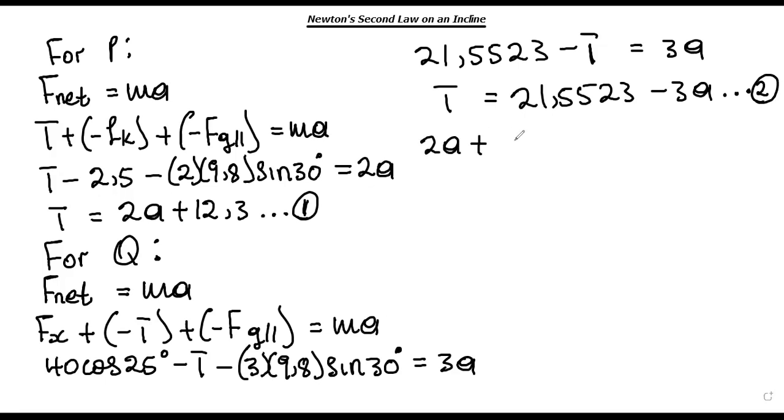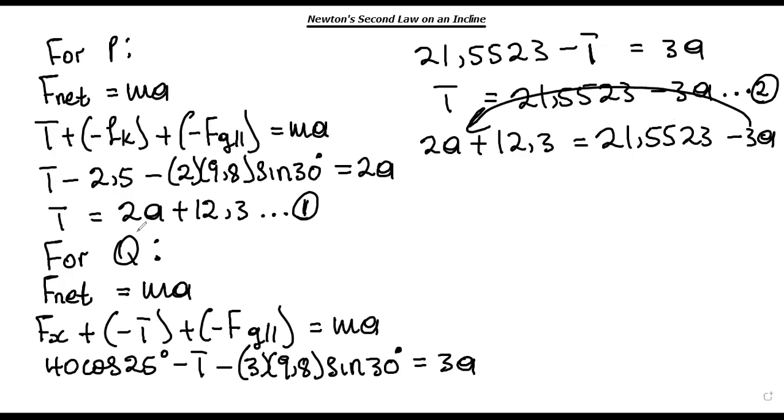So you say 2a plus 12.3 equals 21.5523 minus 3a. Then we take 3a to the left so that it becomes positive. So 2 plus 3 will give us a 5. Now, what about 21.5523 minus 12.3?